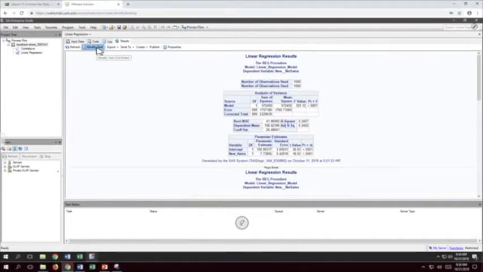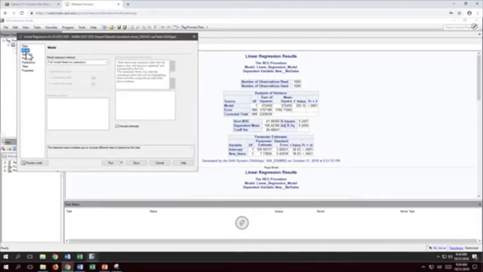Alright, so I'm just going to modify my task. I still want to predict net sales, but instead of new items, I'm going to do customer age. So as long as you have age, any one of these, whichever. So net sales and age.